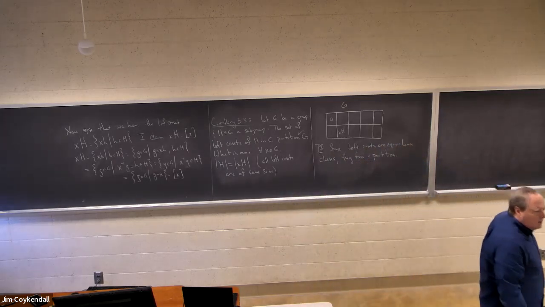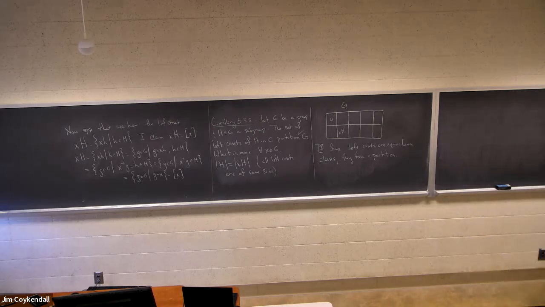We only really care about finite groups, finite cosets, but I'm going to give you a proof that works whether the cosets are finite or infinite. It turns out even if these are infinite cosets, they have the same size.